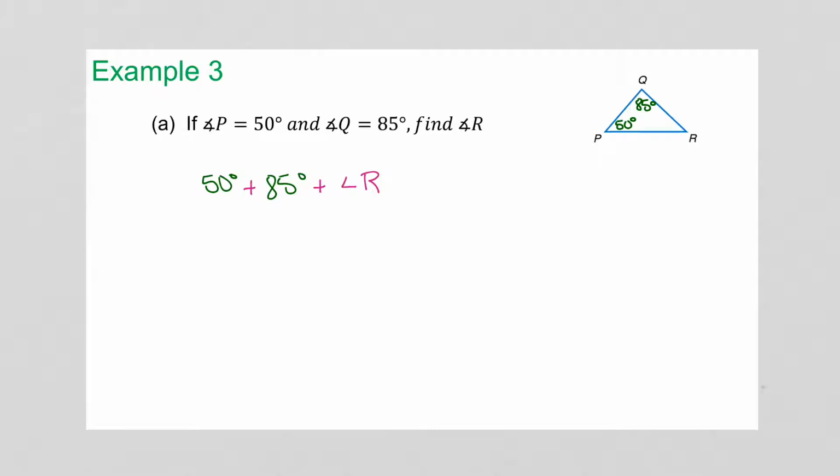You'll see it both ways. They would add to equal 180 degrees. 50 plus 85 is 135. And then you would subtract 135 degrees from both sides, and the measure of angle R is 45 degrees.